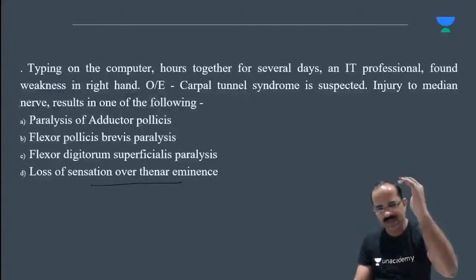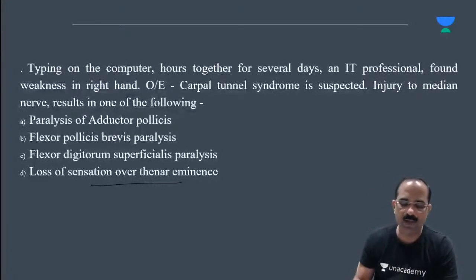Why? You tell me, which is the nerve which supplies the skin over the thenar eminence? Can anyone answer this? This is the palmar cutaneous branch of the median nerve.